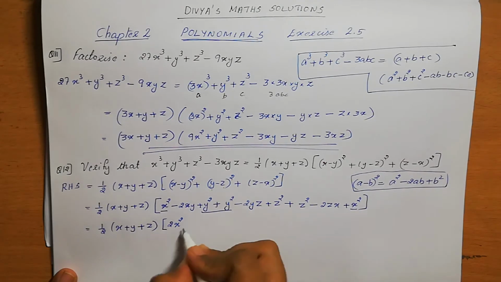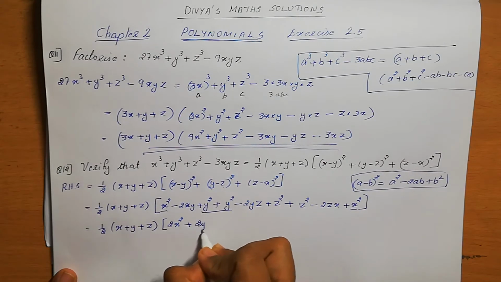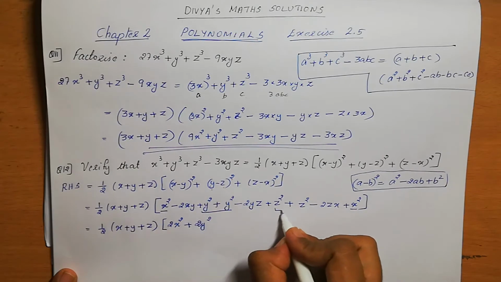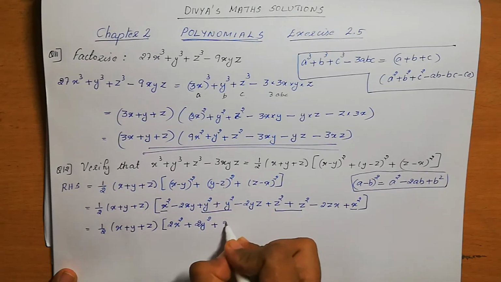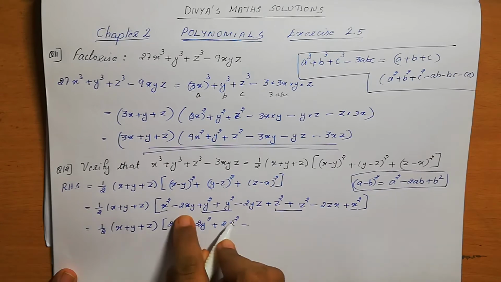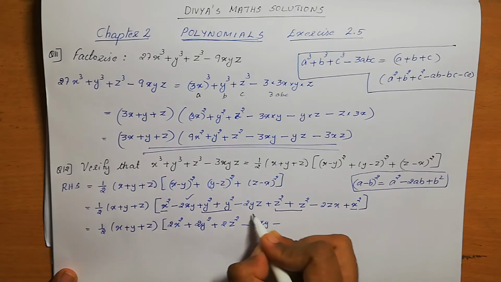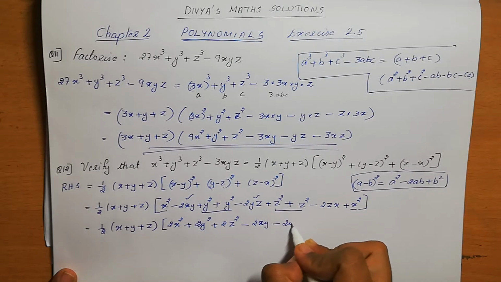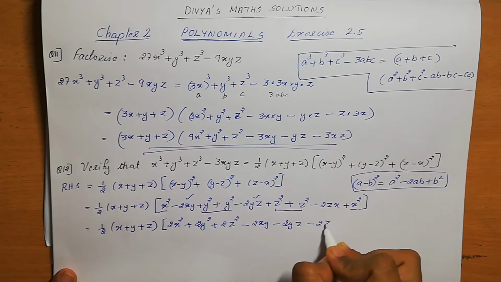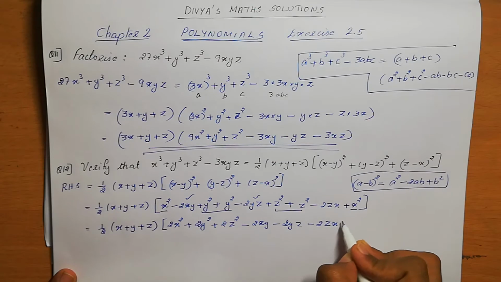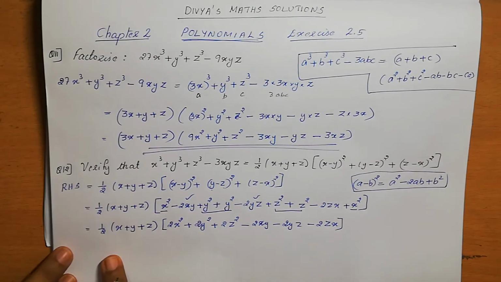That means y square plus y square is 2y square. Z square plus z square is plus 2z square, then minus 2xy, minus 2yz, minus 2zx. Correct.